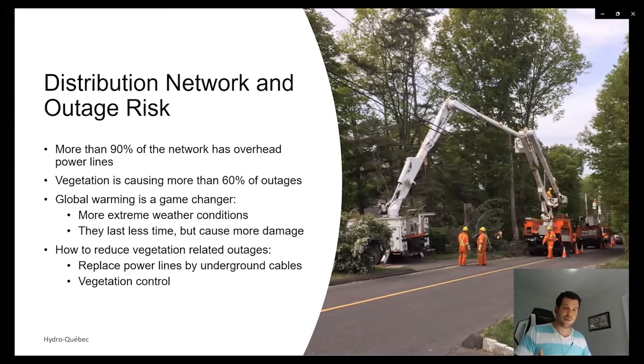They spot where the vegetation is and where the power lines are located, and they start trimming trees, sometimes cutting branches, or sometimes even worse, they cut the whole tree. So, two ways to reduce outages caused by vegetation: vegetation control by trimming trees, or replacing your overhead power line by underground cables, which is really expensive.